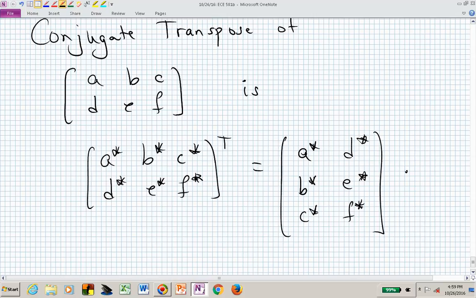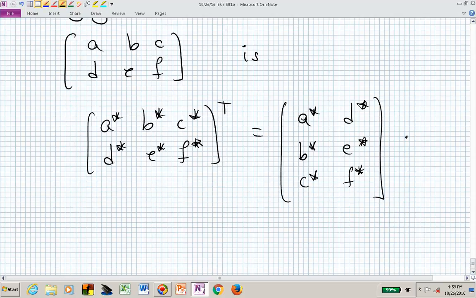We now have a 3 by 2 where each entry is conjugated. And we could then just say that we transpose the matrix representation of T and then take the complex conjugate, or we could do it the other way.